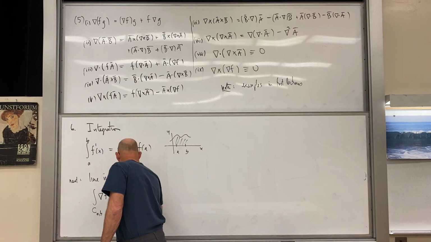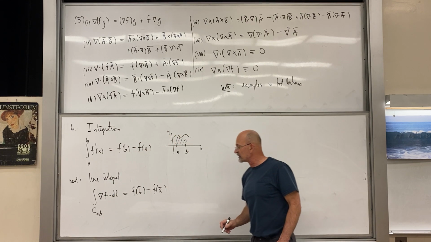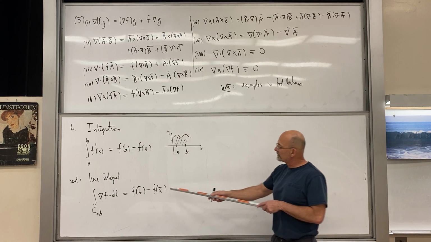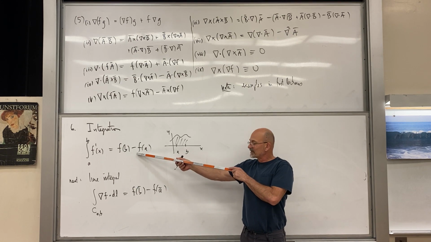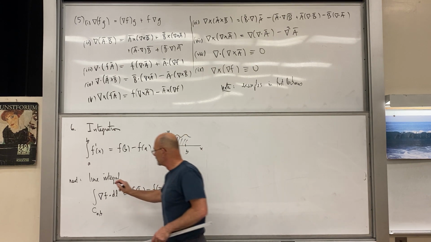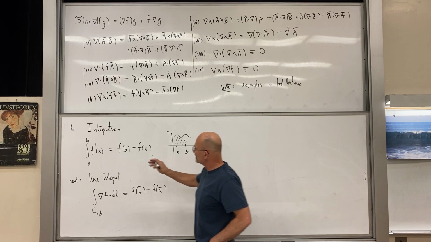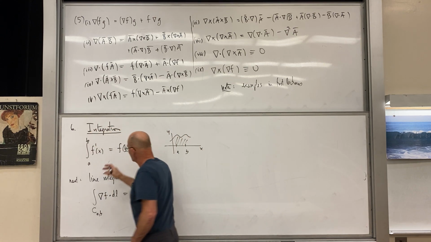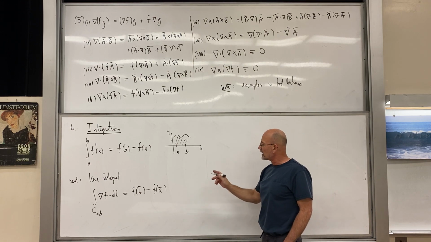That is going to be f of b minus f of a, evaluate f at those points. And the proof of this actually goes directly back to this when it's adequately defined. Okay. So yeah, we've got the line integral. So that's this basic integral theorem. Okay.